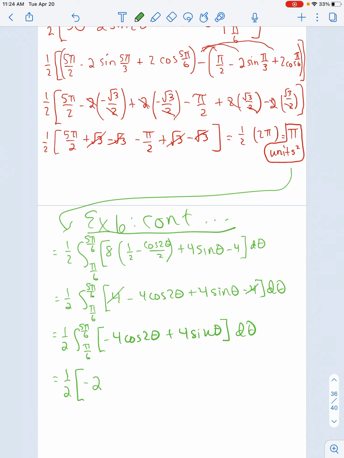And now we can integrate. So negative 4 divided by 2 is negative 2 sine 2 theta. And if I take the derivative, I get positive sine. It must have been a negative cosine.